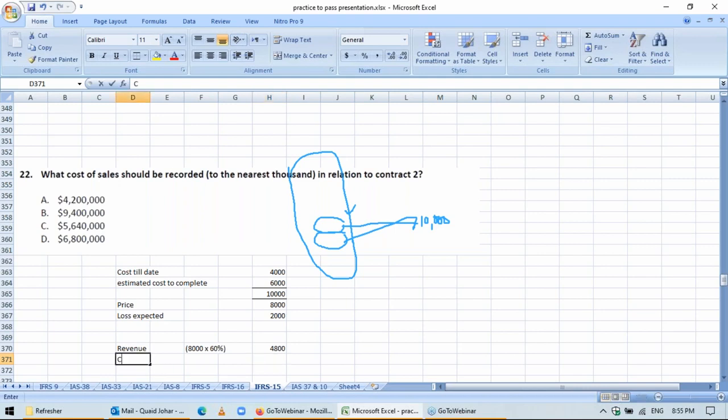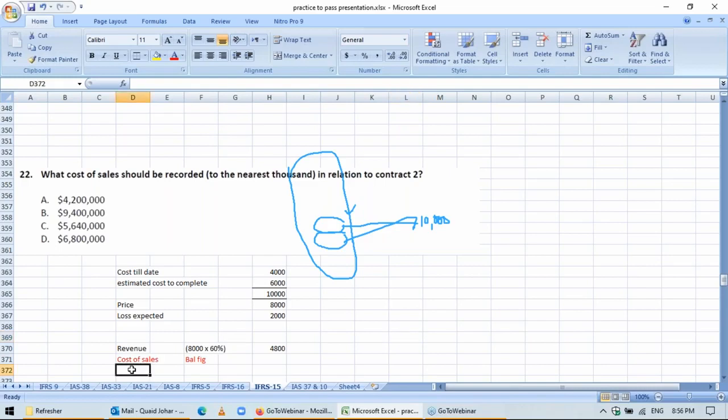And what about the cost of goods sold? In case of loss, the cost of sales will always be a balancing figure, which they have asked for in this question.